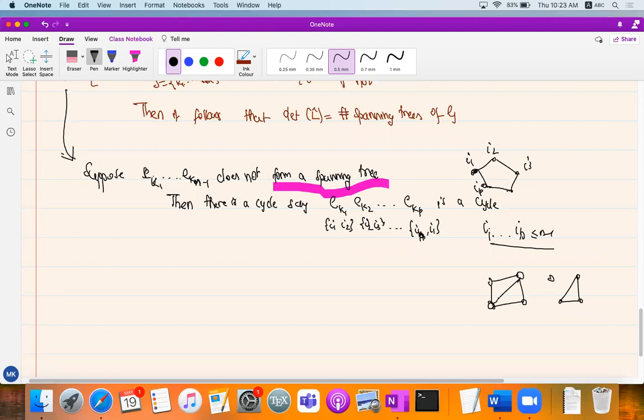So do you agree that if you have a connected graph with 10 vertices and at least 10 edges, then there has to be a cycle? Do you agree to that? Yes, sir. So if you have a connected graph with x vertices and at least x edges, then there has to be a cycle in that.